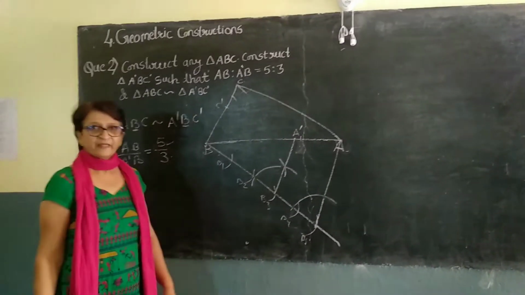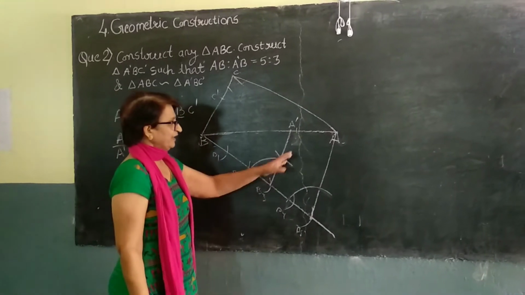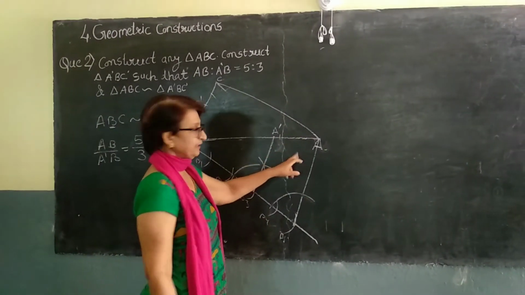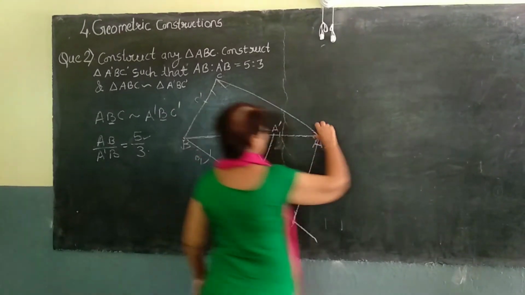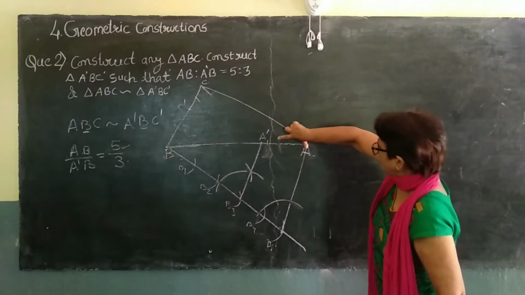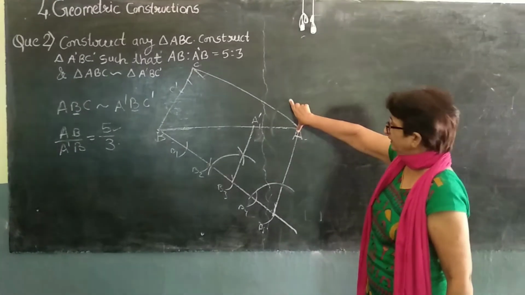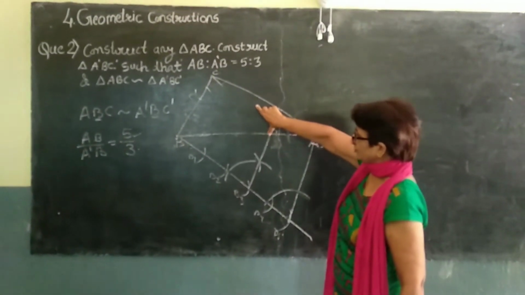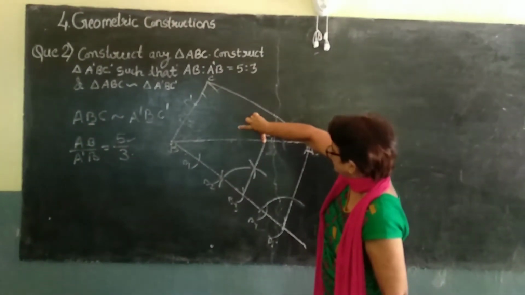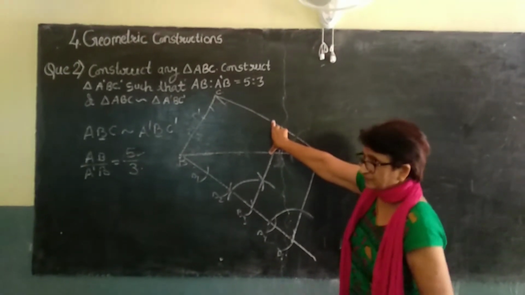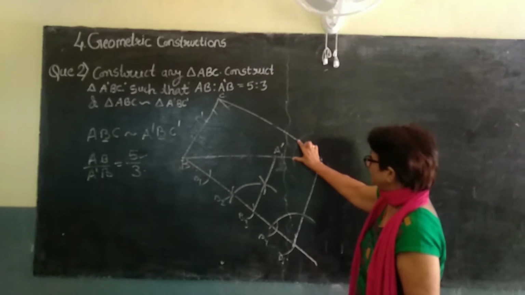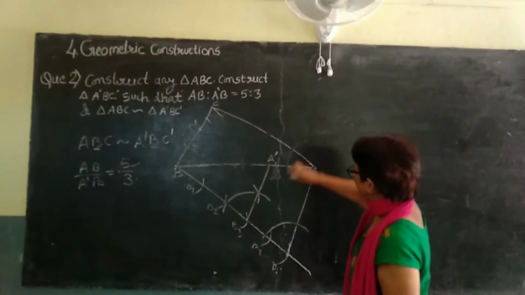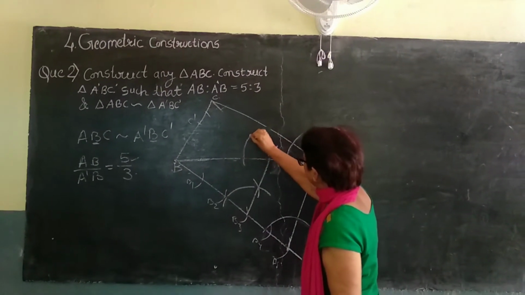Got it? Then again here we have a line. So from point A, draw an arc out here like this. Then from point A dash and on line BC, take the arc like this. Then take this distance, let me draw like this, and this is coming somewhere like this.